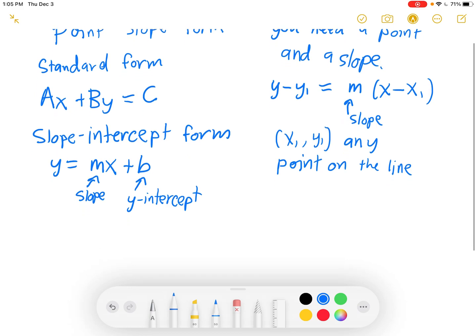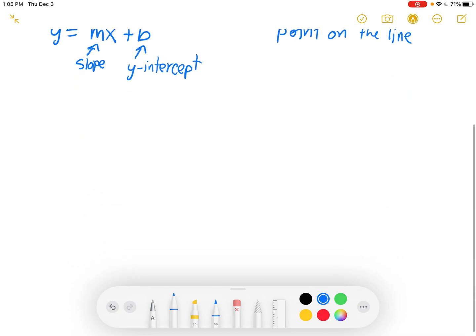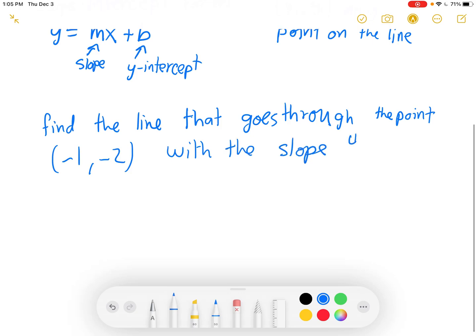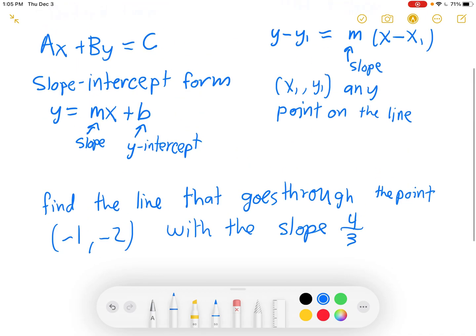All right. So if we want to find the line that goes through the point (-1, -2) with the slope 4/3, we simply plug it into point-slope form, and that's basically it.